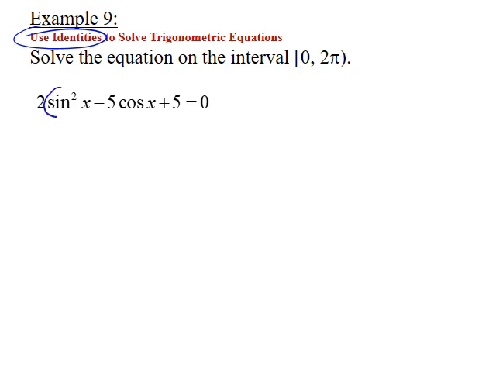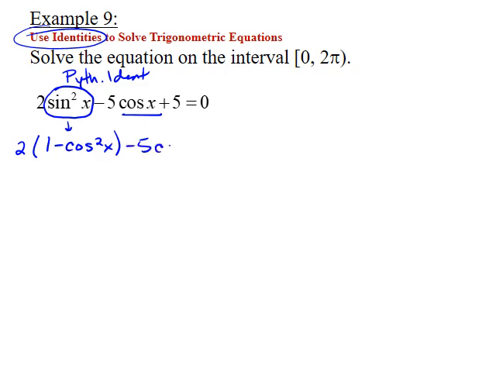I notice that this can be replaced by a Pythagorean identity. Since I have cosine here, I'm going to replace sine squared with 1 minus cosine squared, minus 5 cos of x plus 5.